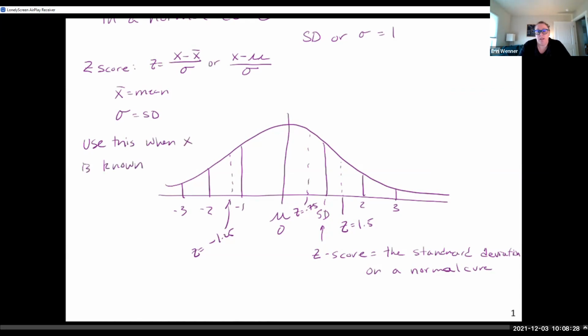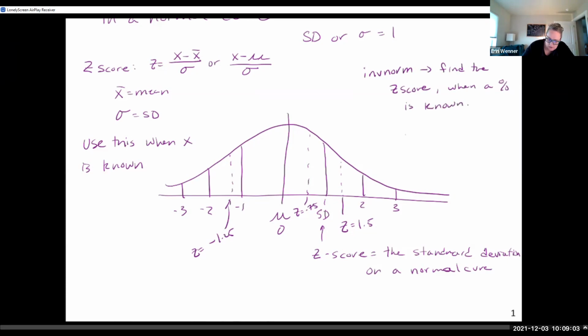We also have a calculator function called inverse norm, and we want to use that when they're telling us the area under the curve, like 12%, 20%. Inverse norm will find our z-score when a percentage is known.